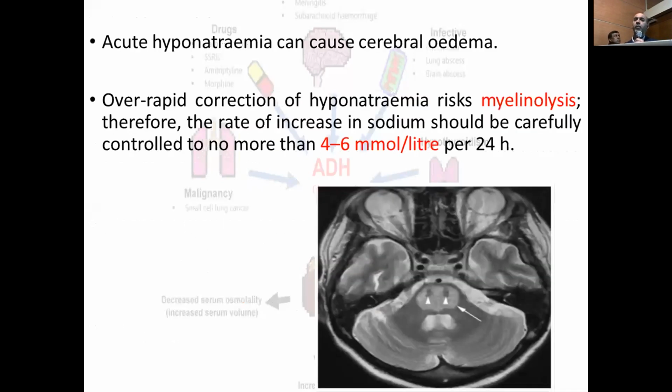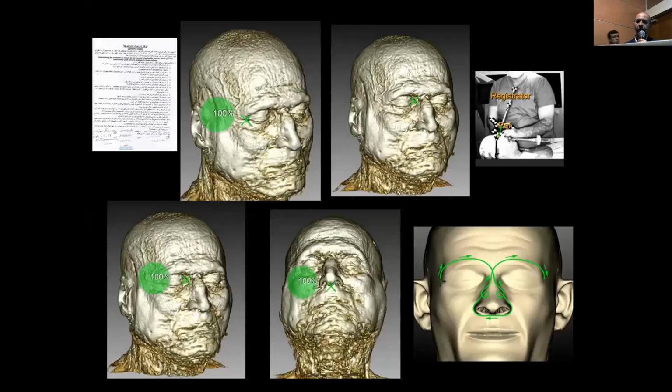Acute hyponatremia can cause severe cerebral edema, coma, seizures, and brain herniation. Overly rapid correction of hyponatremia would risk the patients developing myelinolysis, and the sodium should be carefully controlled with no more than 4 to 6 millimole per liter per 24 hours. And thank you very much.